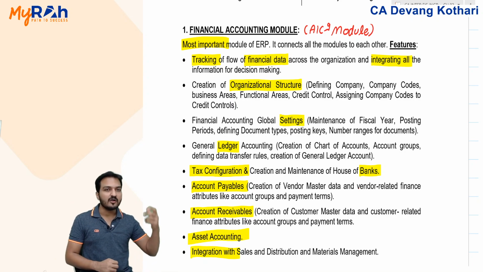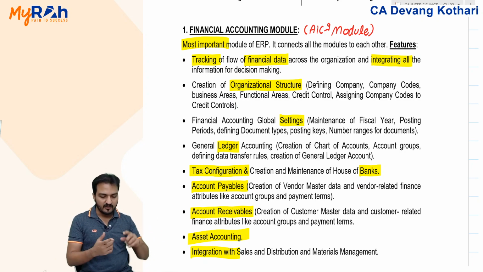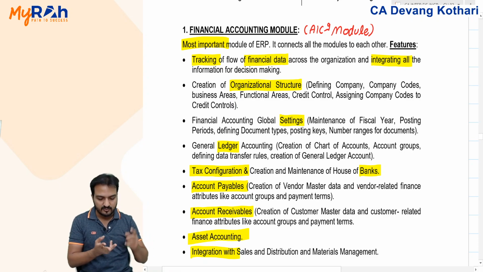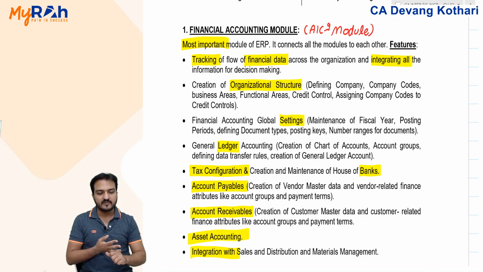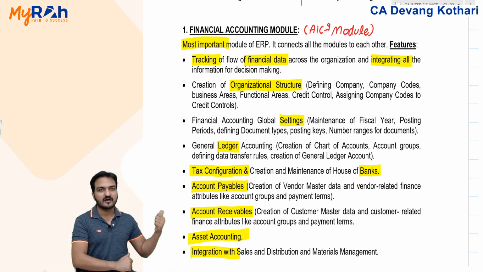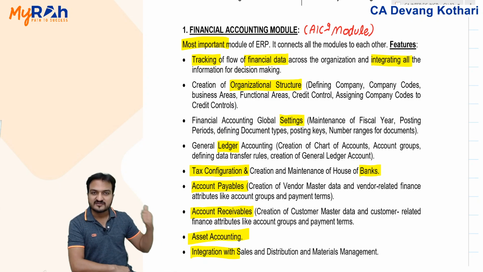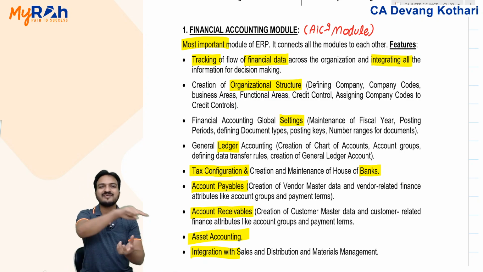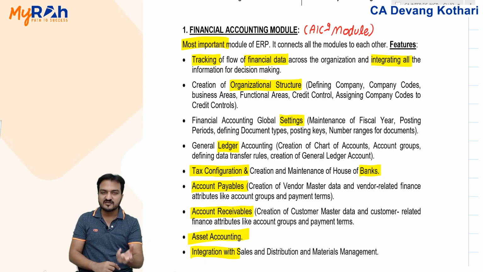Your sales module will be connected to the accounting module, purchase module connected to the accounting module, even the inventory module, even the asset module, and the HR module will also be connected to the accounting module. Almost every other module will definitely be connected to this accounting module. So I can say that this accounting module is the one that is actually holding together all the other modules.